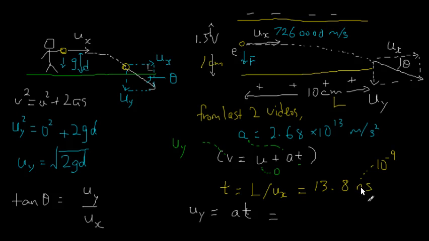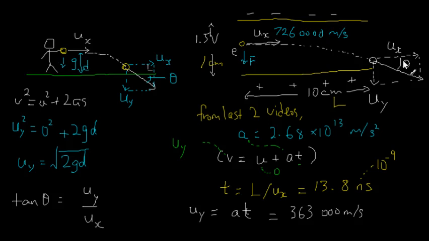So substituting this number and this number into here and here, I can then use my calculator once more to find 363,000 meters per second. So that's uy. So I now have the answer for uy, the vertical component, at this point. And I know the horizontal component ux is the same as the starting velocity.